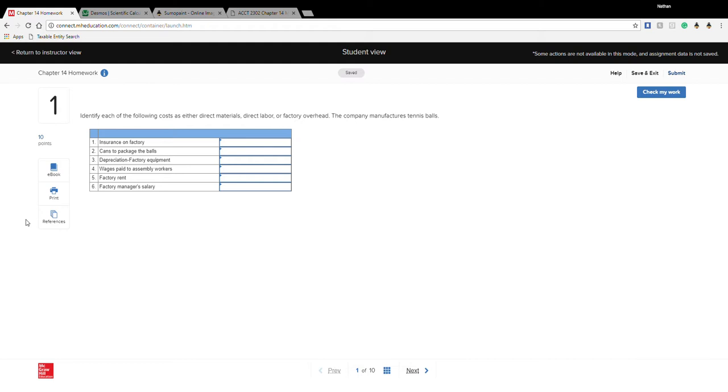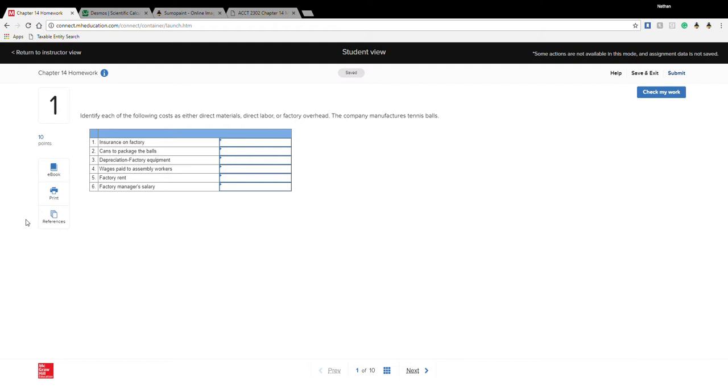Starting off with question number 1, we're looking at the big three: the direct materials, direct labor, and factory overhead. We're basically going to figure out which one's which. Anything that deals with the product itself that we can trace to it is going to be either direct materials or direct labor.